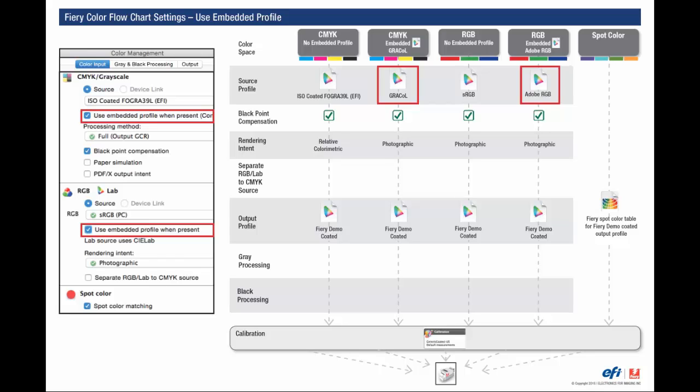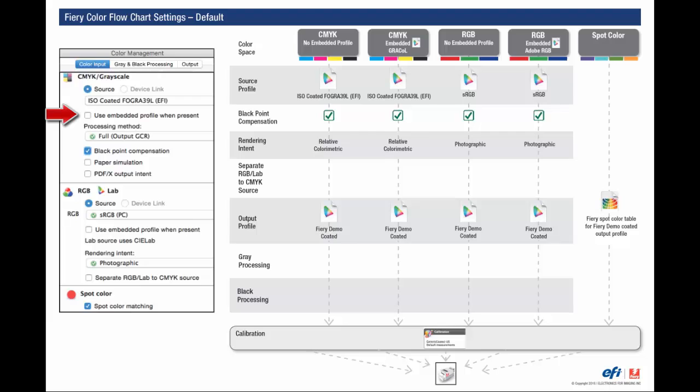The other thing to be aware of is that when I change CMYK to Use Embedded Profiles if present, those files, or those page objects, will now be treated as device-independent colors, no longer CMYK. On the Fiery, we label this as LAB. So you can see at the bottom of the dialog, I've set the rendering intent to photographic for LAB.